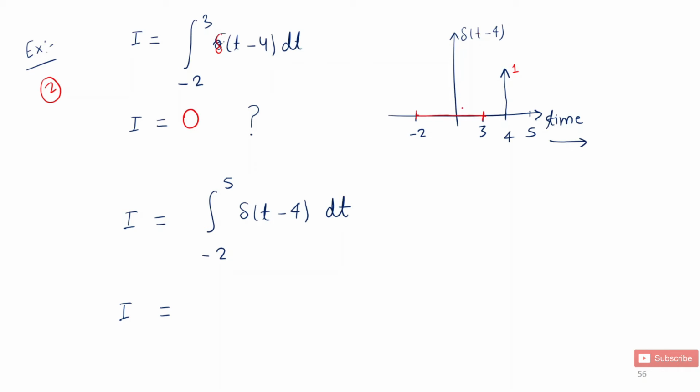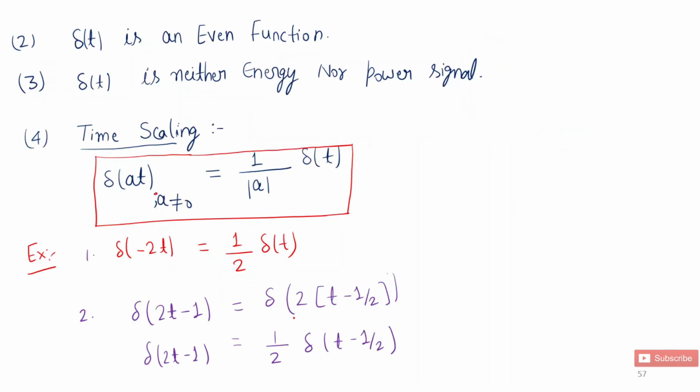Here there is no impulse signal, so there is no area, so it is 0. But when you change the limit to minus 2 to 5, the impulse signal is there. You know what its area is? It is 1. This is the simple shifting property.